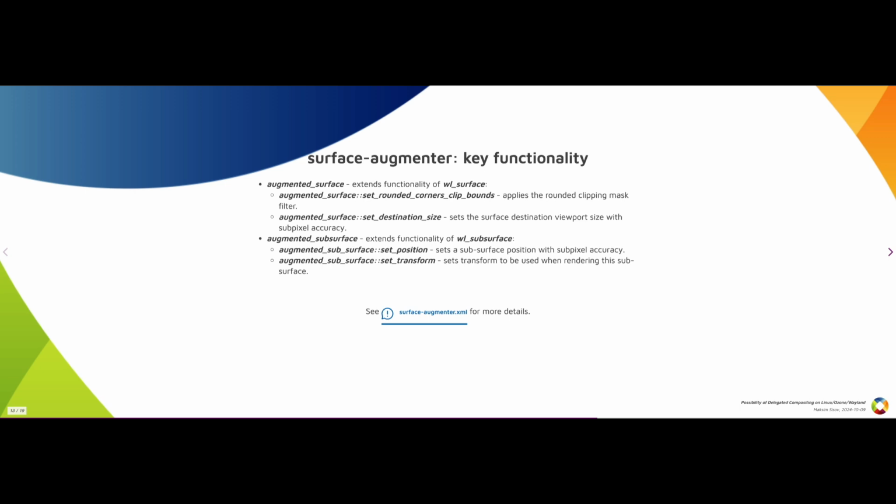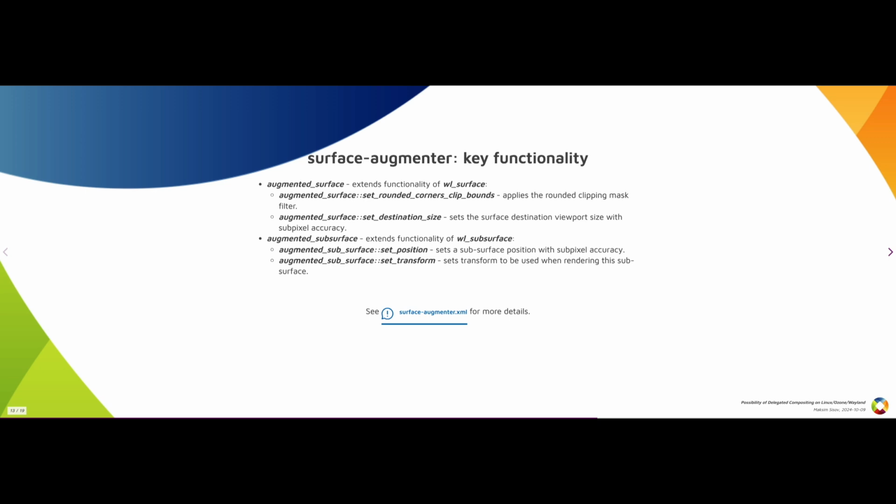Let's return to the surface augmenter protocol. That's the protocol that allows us to send additional data over the Wayland pipe and do things that Chromium does when it doesn't do delegation. We have here a couple of interesting roles: augmented surface and augmented subsurface.